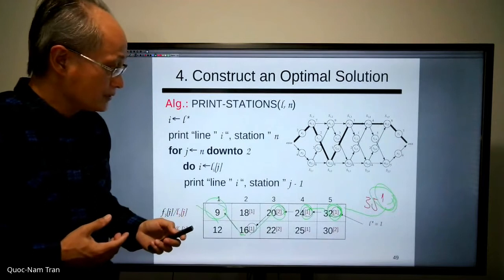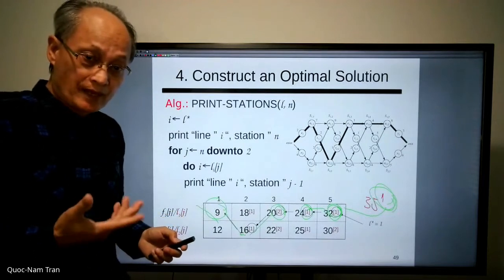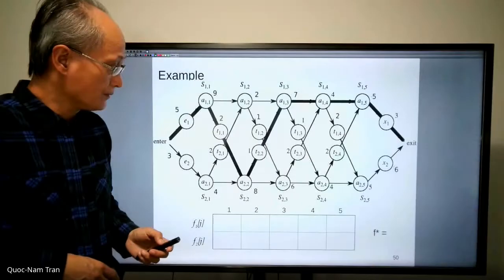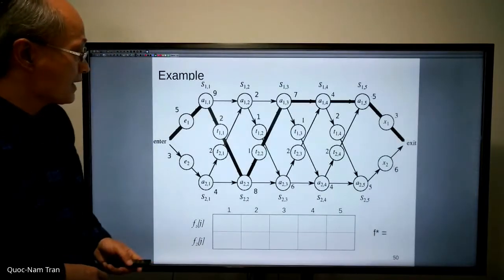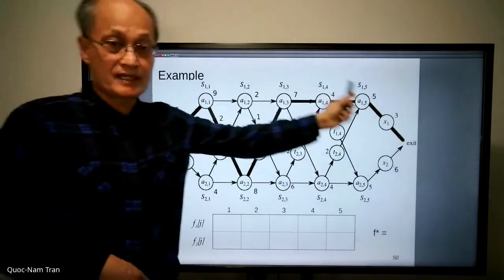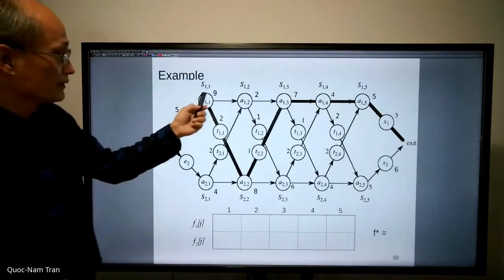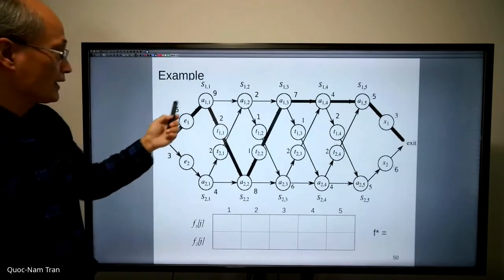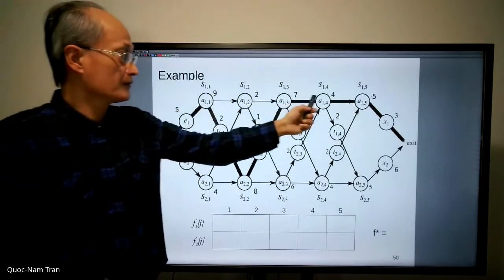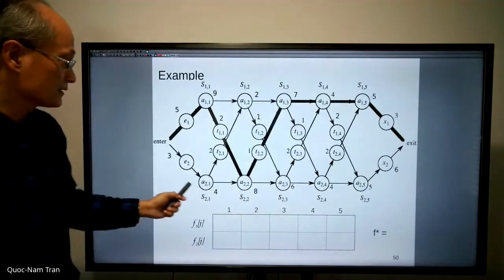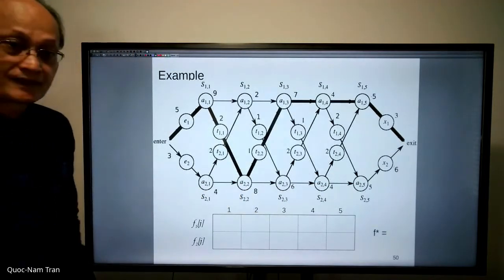Just to give you one hands-on exercise, and you do it by yourself at home, right? So here is another assembly line, and I change the values a little bit. Okay, so 5, 9, 2, 7, 4, 5, 3, and so on.